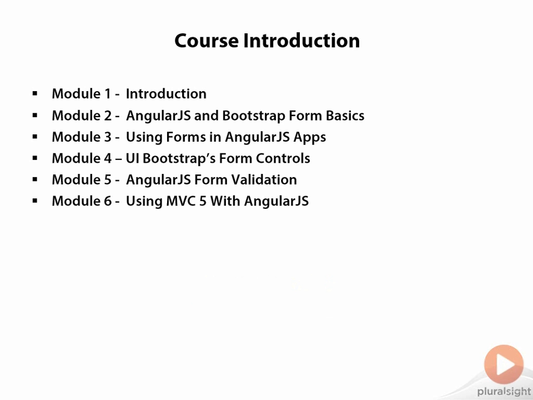The final module, Module 6, is all about handling form data on the server side. We'll be using Microsoft's ASP.NET MVC5 for server-side processing. We'll take a good look at bundling and minifying our CSS and JavaScript code, as well as min-safing our AngularJS scripts. We'll work with Angular's HTTP service to pass asynchronous requests to MVC, and we'll see how to deal with promises on the client side.